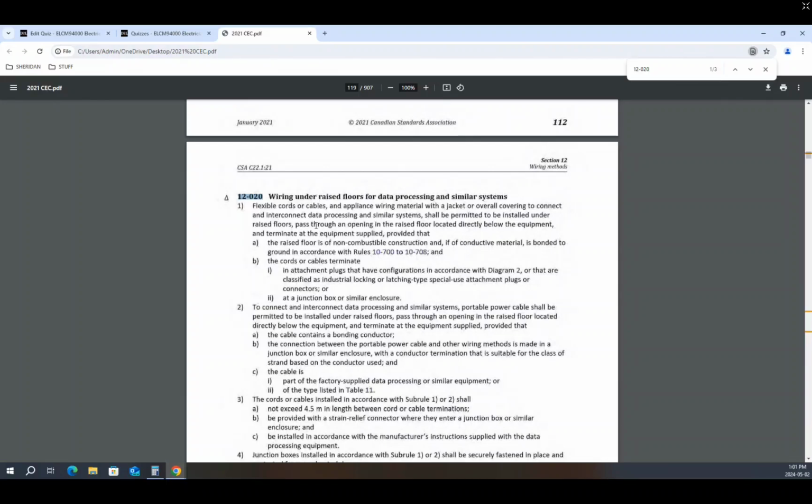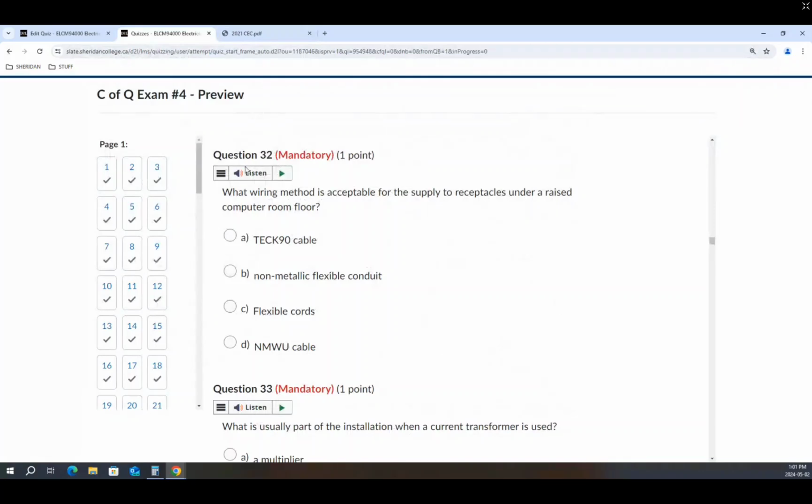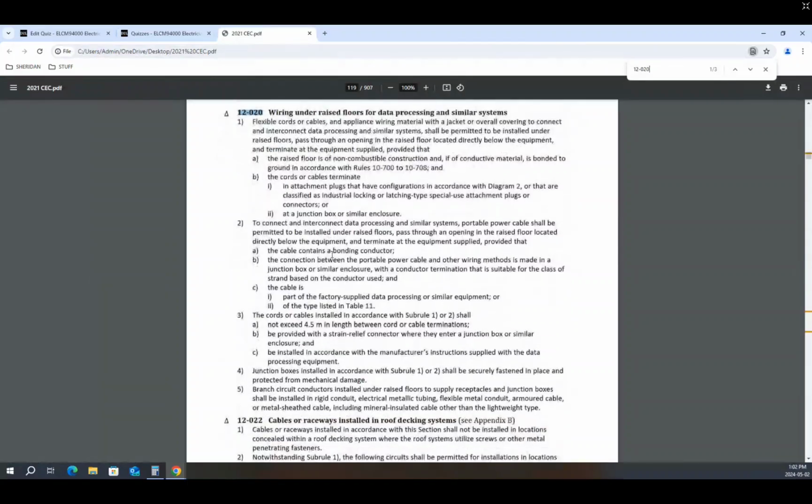Covering flexible. Receptacles, we're doing receptacles. Connect data processing. Branch, here we are.